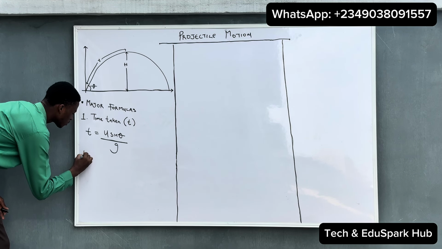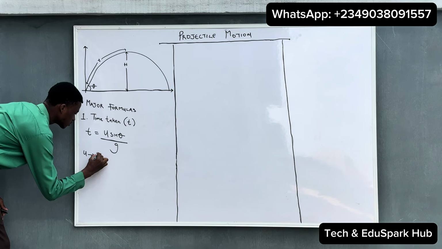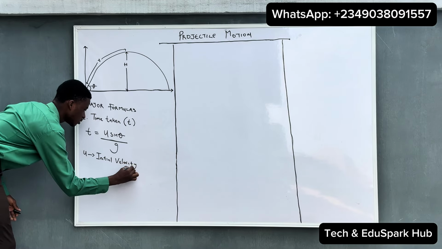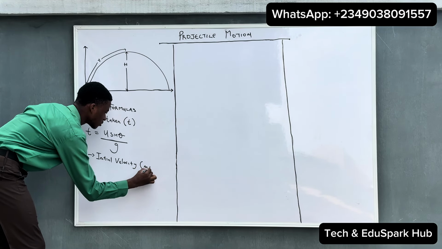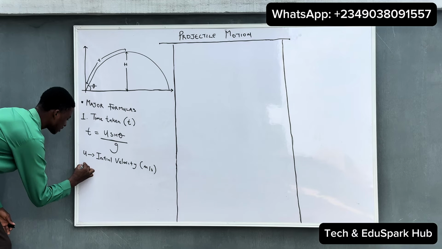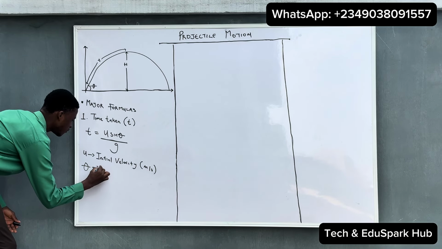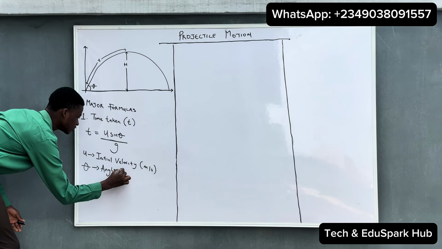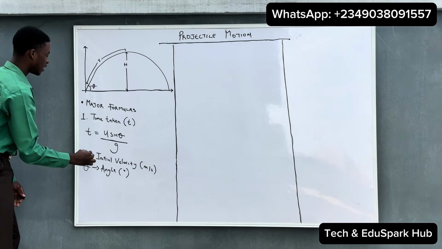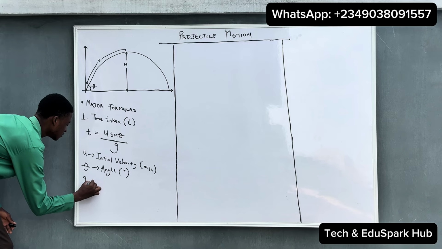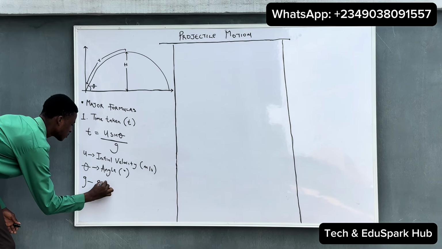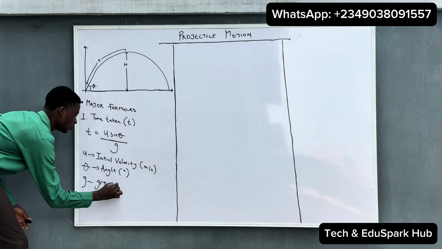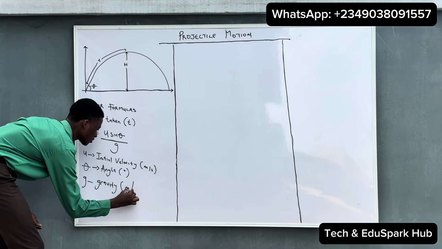Our u is the initial velocity in meters per second. Our theta is the angle of projection, so we have the angle in degrees. And lastly, we have the gravity, which is the g, measured in meters per second squared.